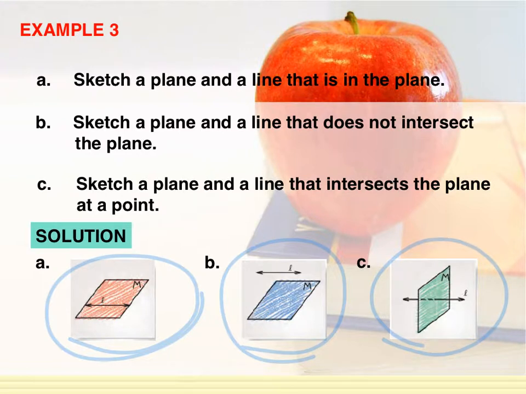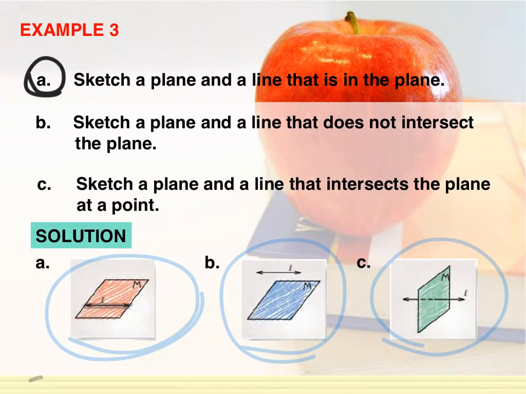Again, we can represent a plane with either a parallelogram or a rectangle. So for part A here, it says to sketch a plane and a line that is in the same plane. All you had to do is either draw a rectangle or a parallelogram and then place a line inside the plane.